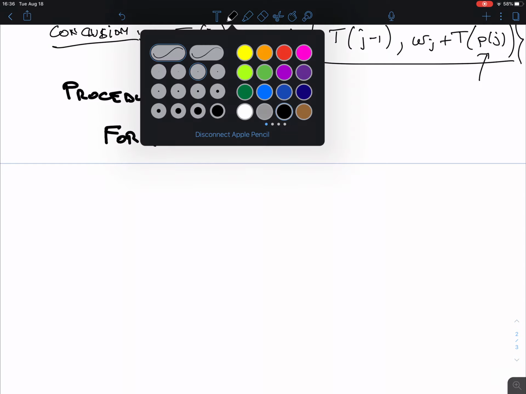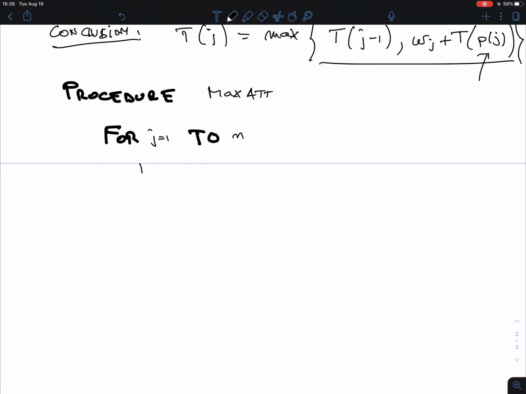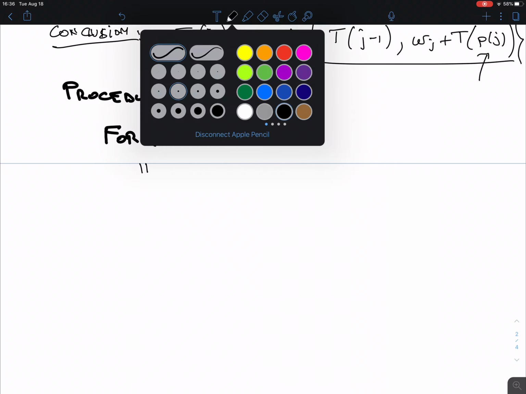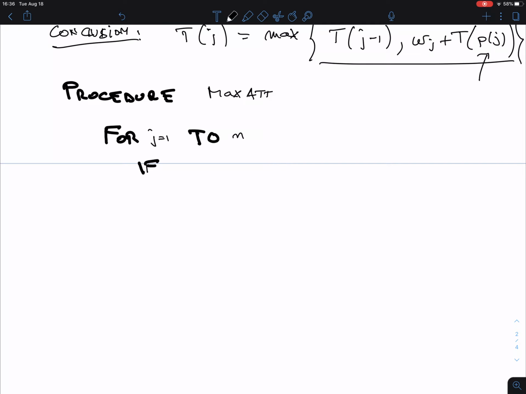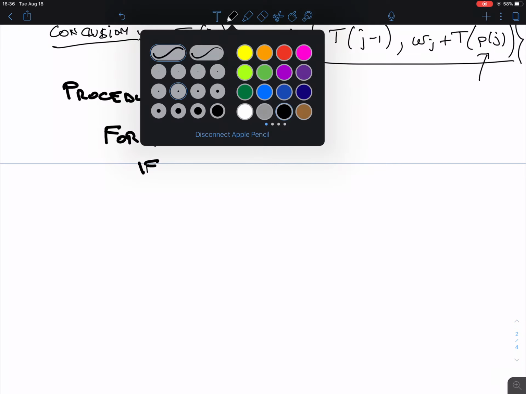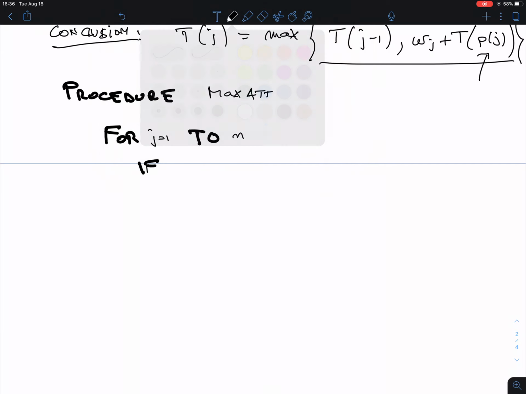So what are the possibilities? Well, if no talk i less than this particular j is compatible with talk j. We're trying to calculate pj, so our counter j is set up to calculate pj.